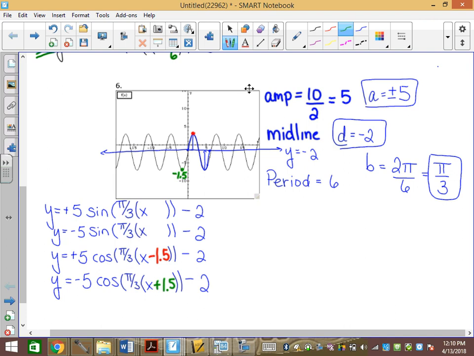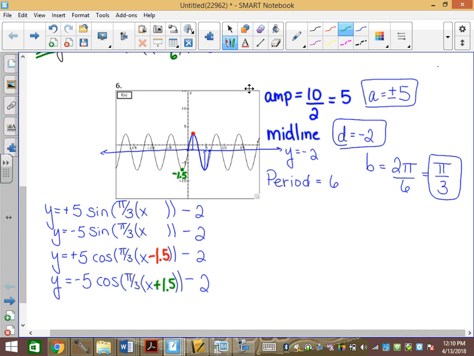Now, I told you, to get the horizontal phase shift of the sine graph, I need to draw the what? The midline. So I just draw it every single time anyways. Boom, it's there already. So you have to draw the midline.